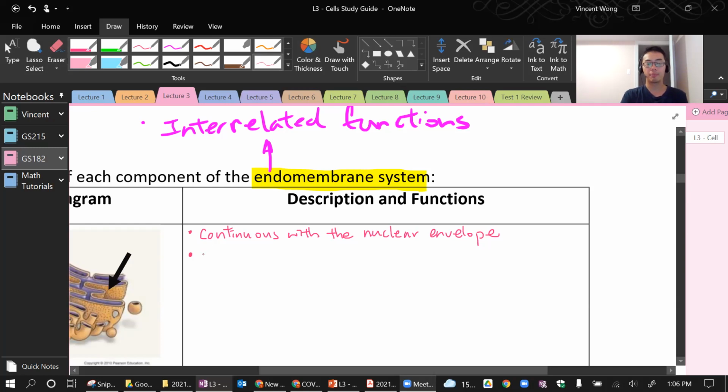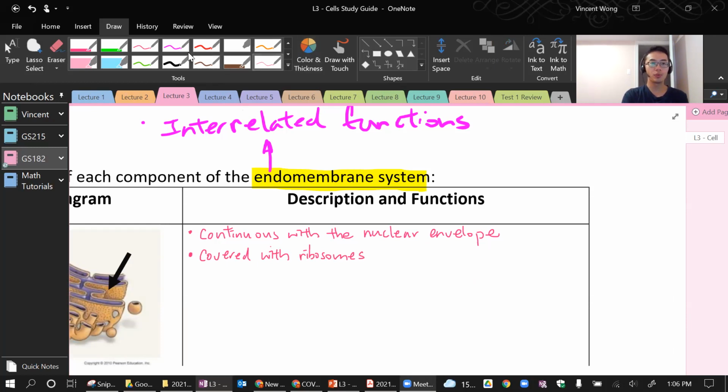Well, it looks really bumpy under the electron microscope, and that's because it has a lot of ribosomes on them. So they are covered with ribosomes. Okay. And what does that do? What do they do?